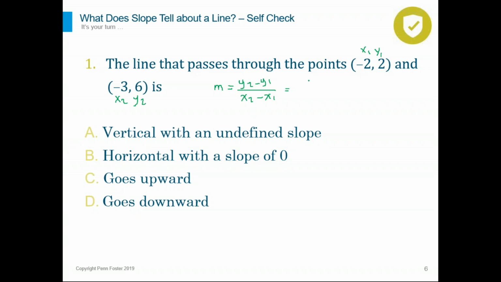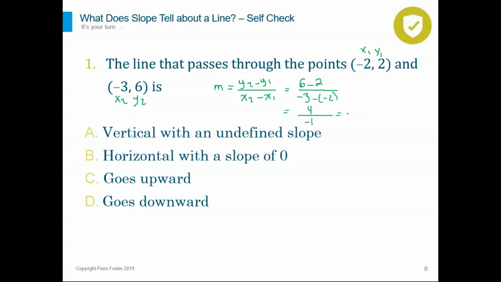Y2 is 6, then 6 minus 2 over the x's. X2 is -3 minus -2. Do the math. 6 minus 2 is 4. -3 minus -2 is the same as -3 plus 2, which will give you -1.